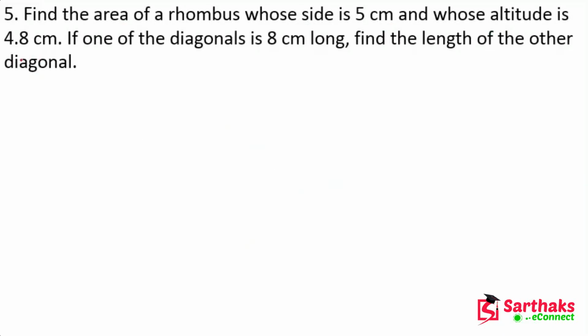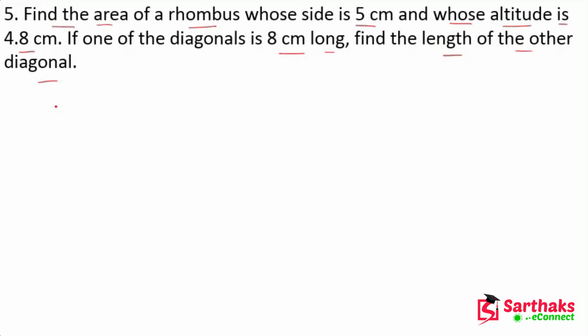Now the next problem: find the area of a rhombus whose side is 5 centimeter and whose altitude is 4.8 centimeter. Now if one of the diagonals is 8 centimeter long, find the length of the other diagonal.